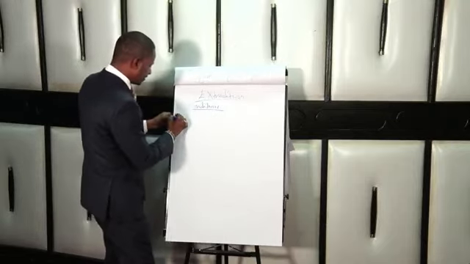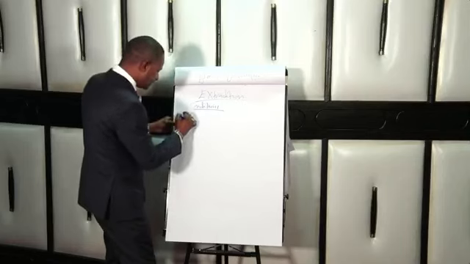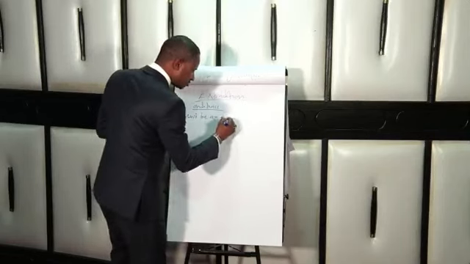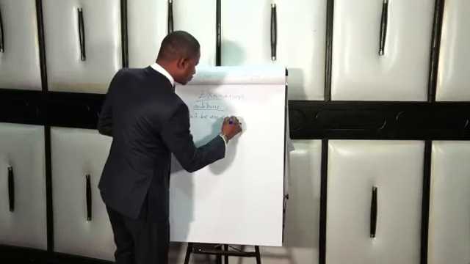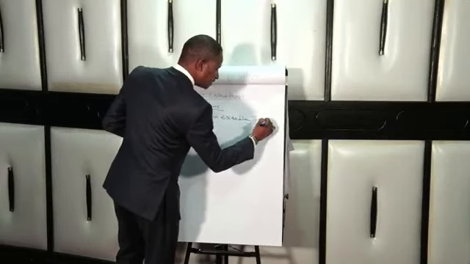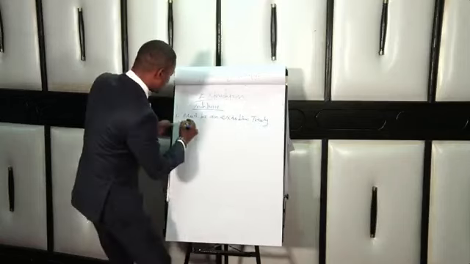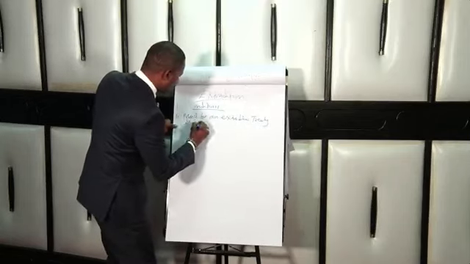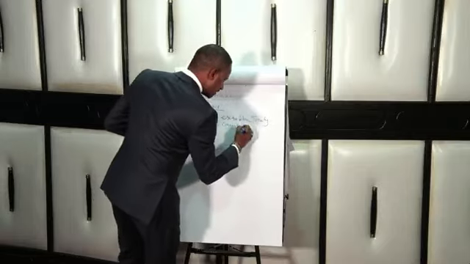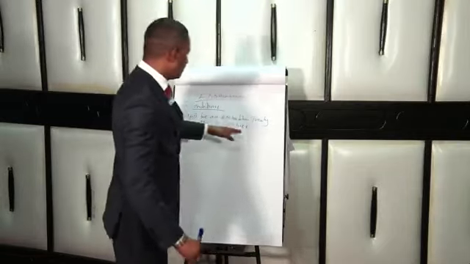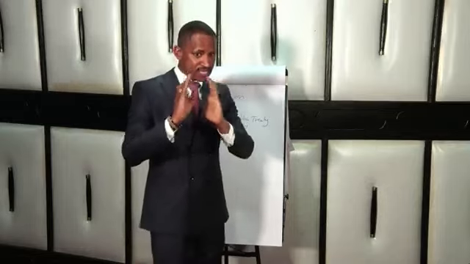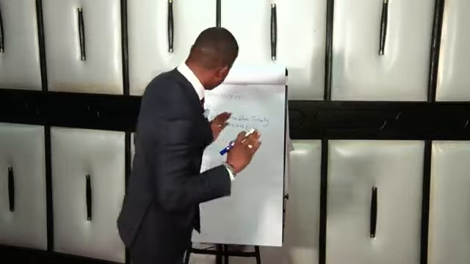Condition number 1, that there must be an extradition treaty between the two countries, that Kenya and America have a treaty on extradition. There must be. If there is none, then it cannot succeed.